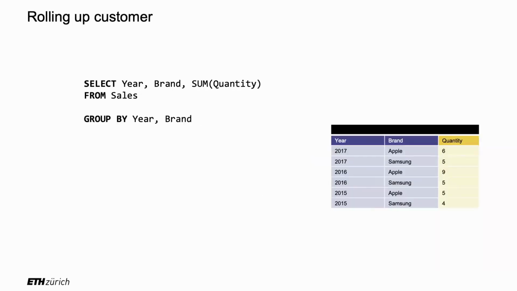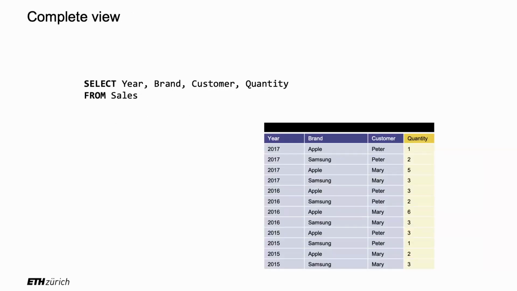Okay. Now, what if we don't want to slice, but we want to roll up or aggregate? Imagine that I want to do what we did earlier of summing some values. I basically want to keep the year and the brand, but I want to sum over the customers. So you can see what we want to do in here, right?